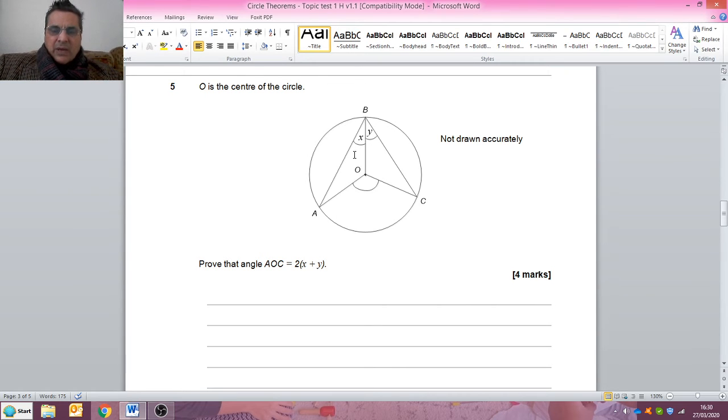So I've got 180 take away 2x plus 180 take away 2y. Now, if you simplify that expression and subtract that from 360, you would get the angle of AOC. In fact, you get an answer of 2x plus 2y, which is 2 bracket x plus y, factorising.